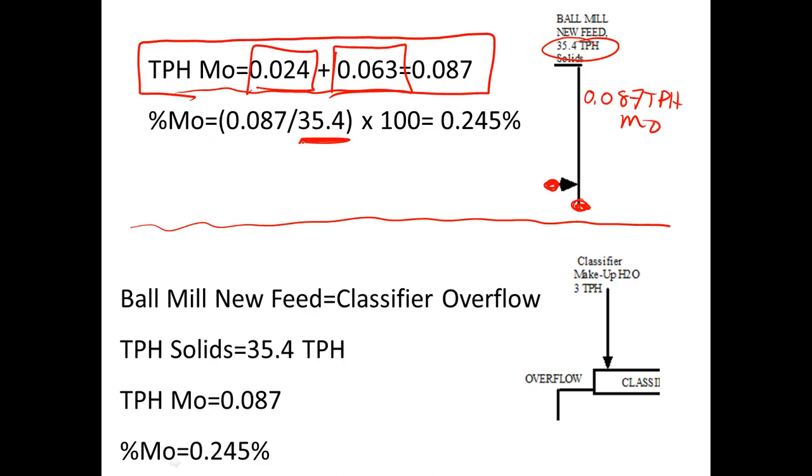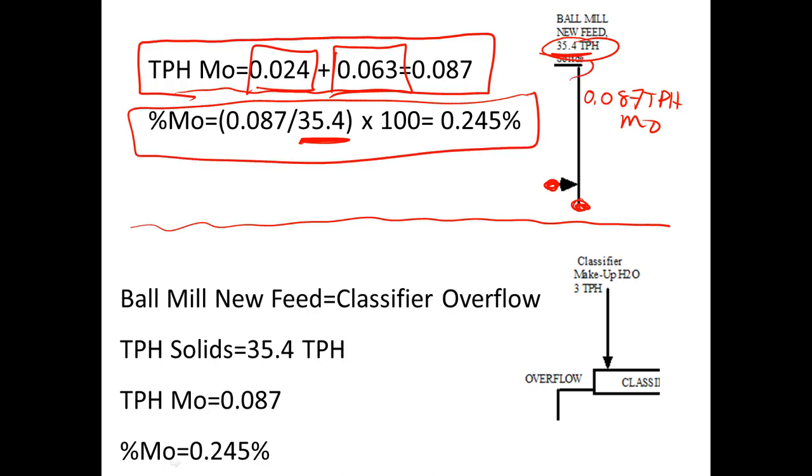We're given that total weight, so we can calculate that the grade here in the ball mill new feed is the weight of molybdenum, 0.087, divided by the total solid weight of 35.4 times 100, giving us a grade of molybdenum in the ball mill new feed of 0.245.